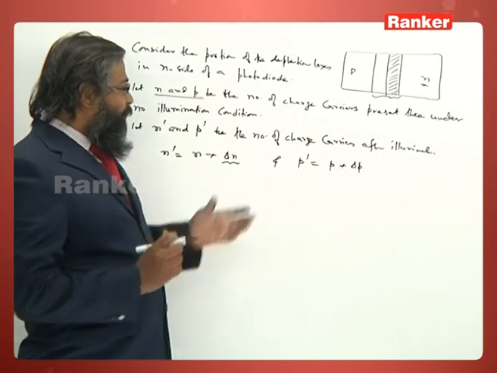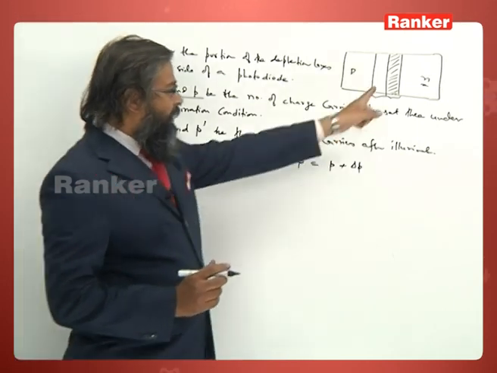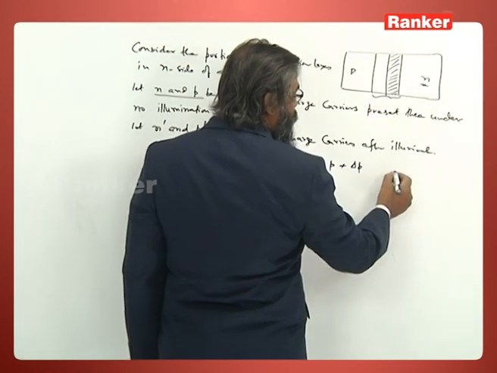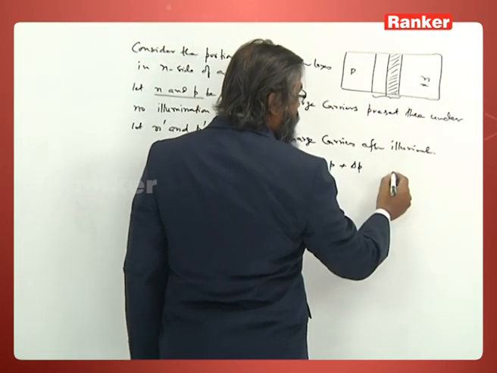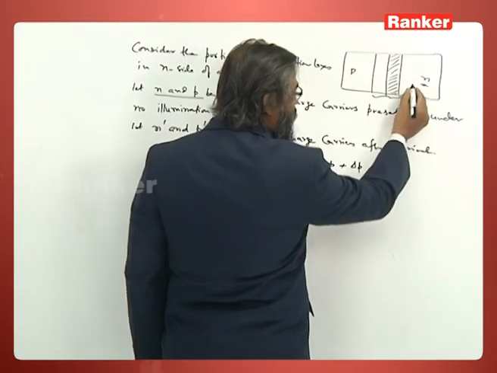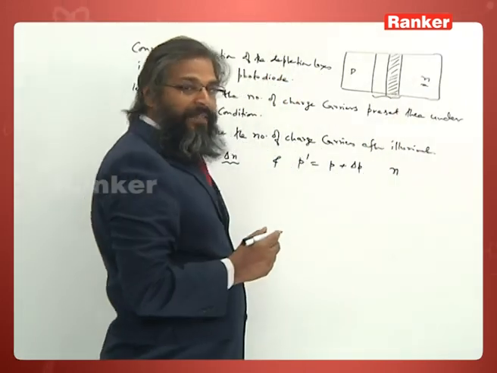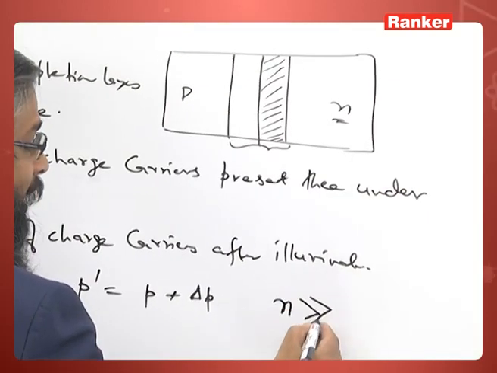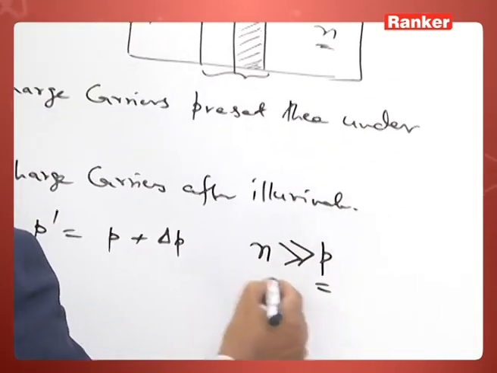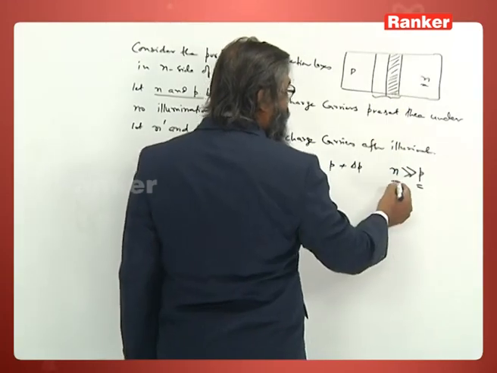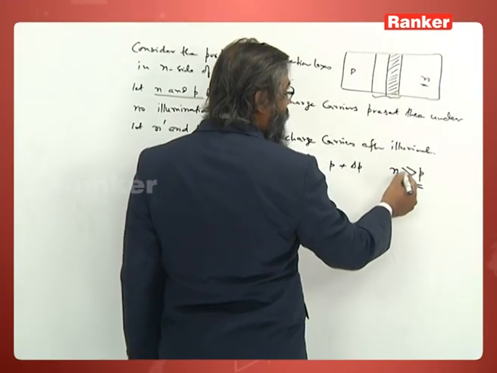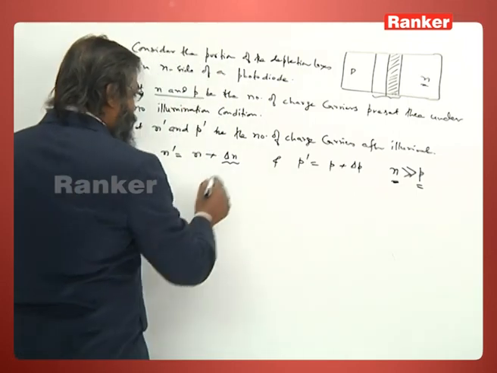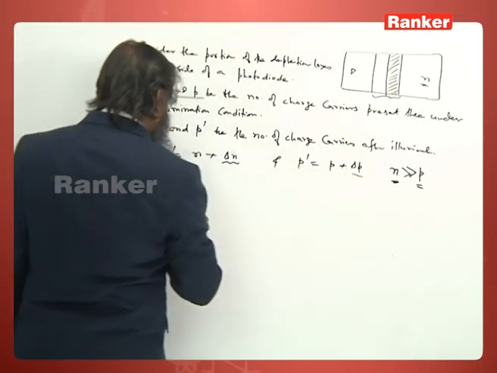Now, let us see this N type portion. This N type portion has electrons as the majority charge carriers. So, this is very large compared to the holes. So, N is very large compared to P. Now, what is delta N and delta P?